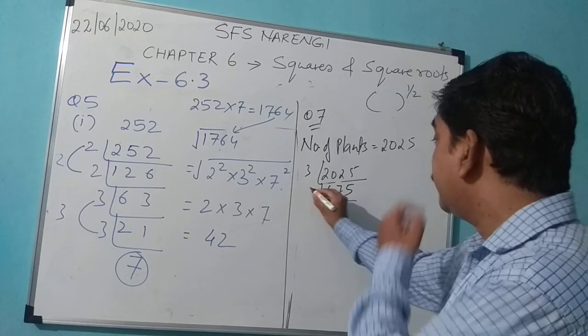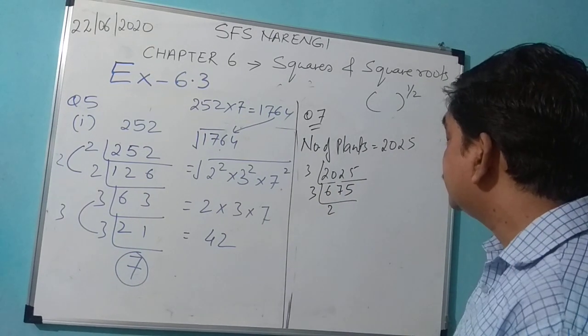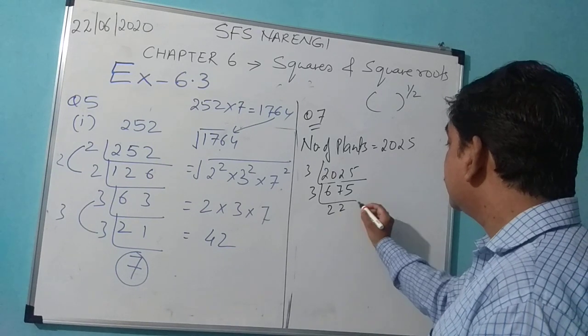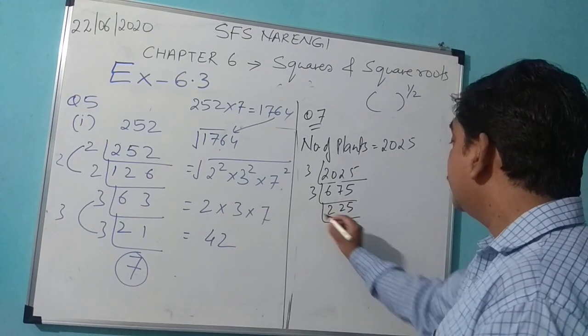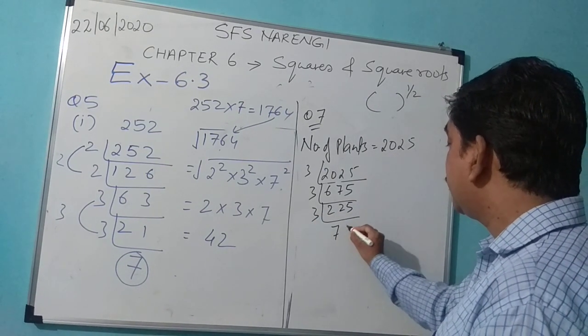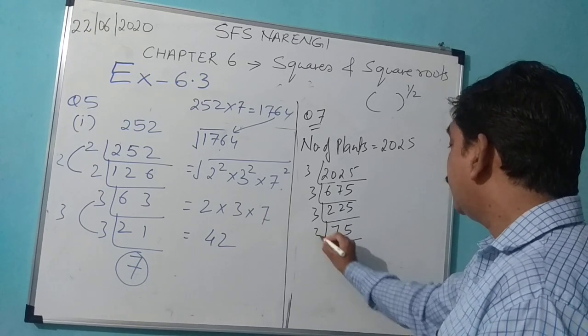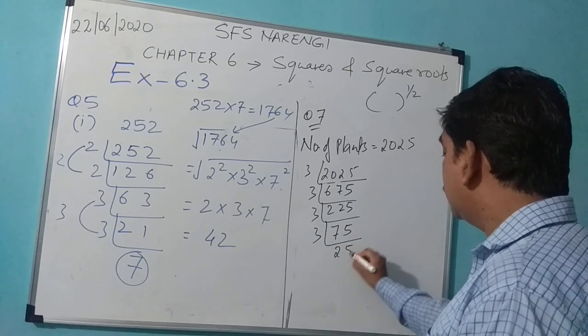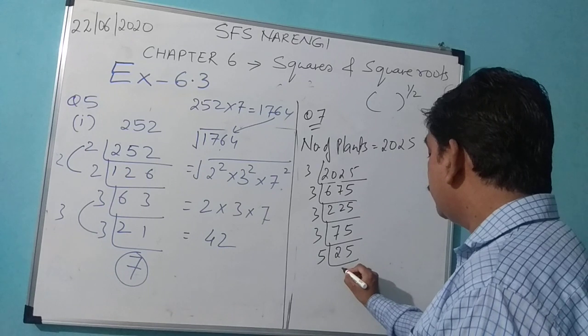Again we can do by 3, 3 2s are 6, 3 2s are 6, 3 5s are 15. Again it will go by 3, 3 7s are 21, 3 5s are 15. Again we will do 3 25s are, then 5 into 5.